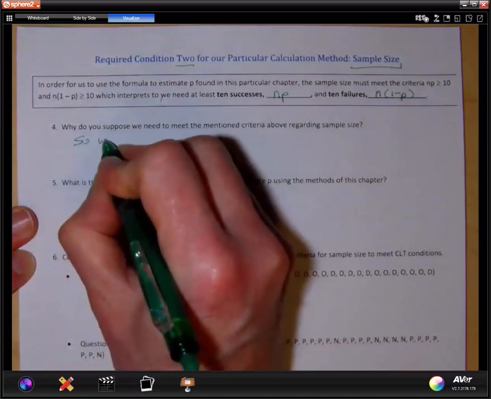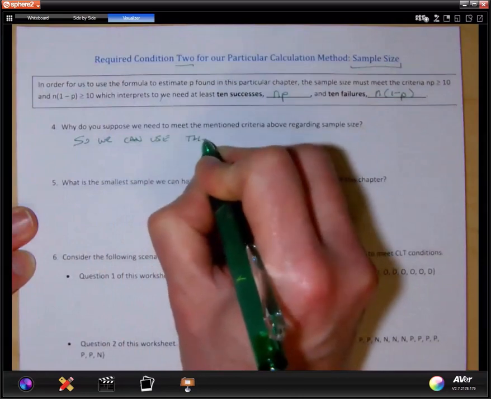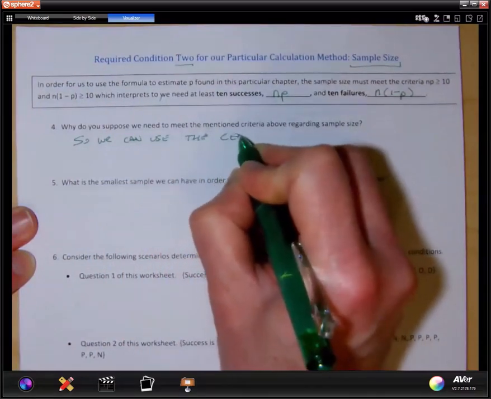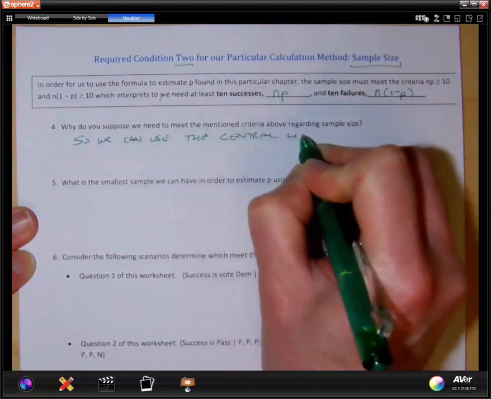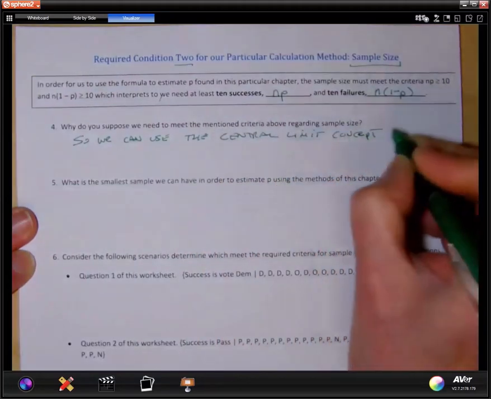So we can use the central limit theorem results. I guess concept is a better word. And what is that?